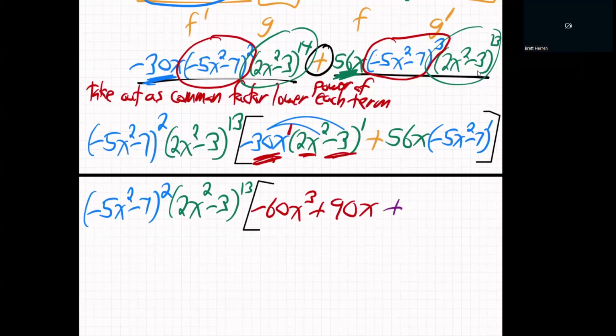Okay, plus, and now this 56x is going to go boom, boom. Oops, I missed that second one a little bit. Boom. So what is 5 times 2? That's 250 and 30. So 280x cubed, because x to the 1 and x to the 2, minus 7 times 56. It's getting a little big for me doing it in my head here. 7 times 56 is my calculator. 392. So 392x.